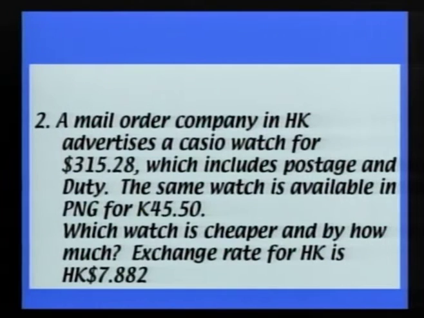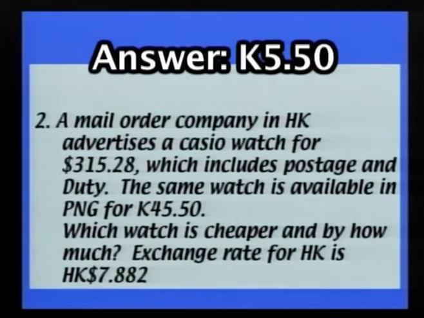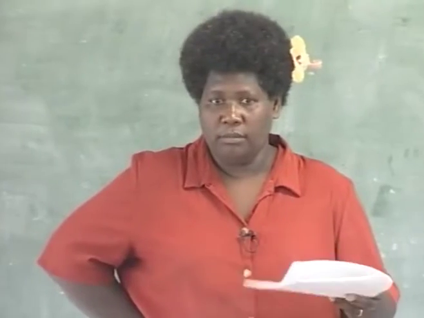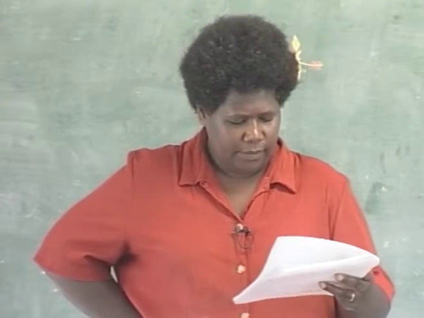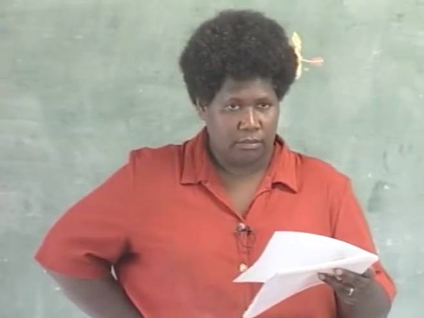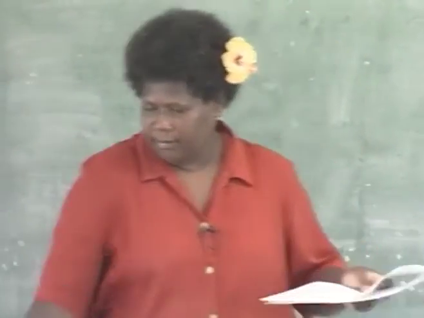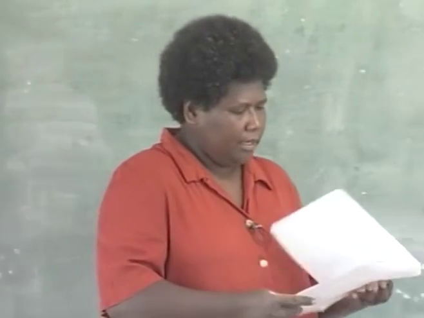By how much? 5 kina 50 toya. Okay, it will have the same value as 40 kina in Hong Kong. If you bought it in Hong Kong, it will be cheaper by 5 kina 50. Are you sure?